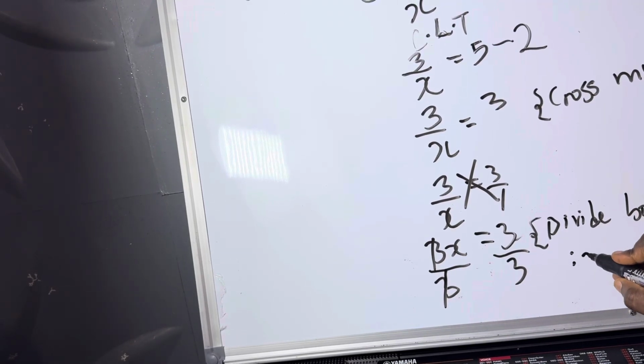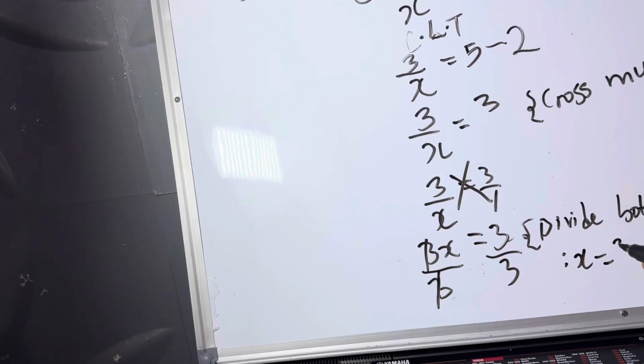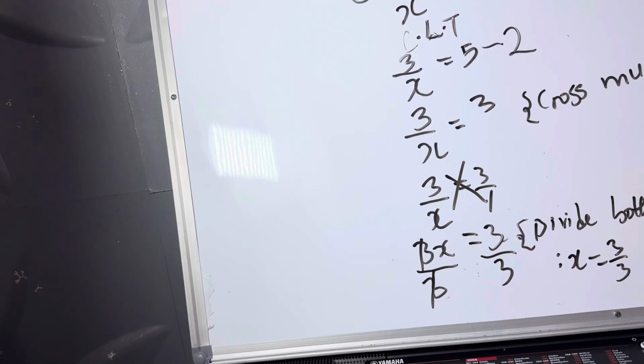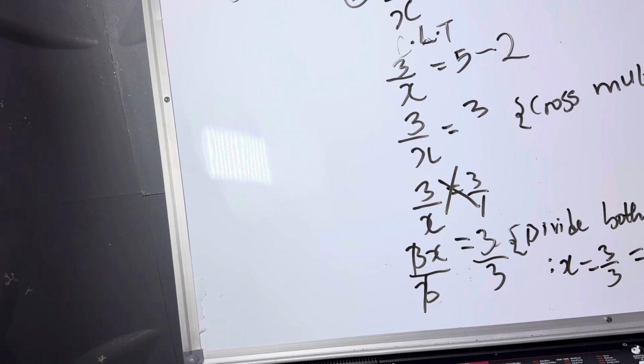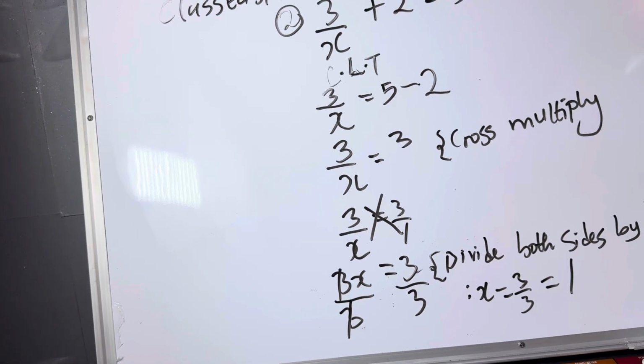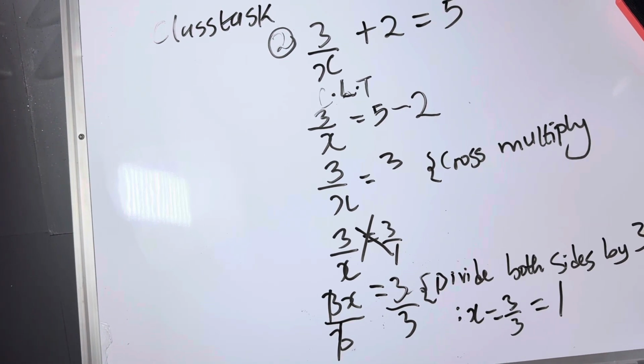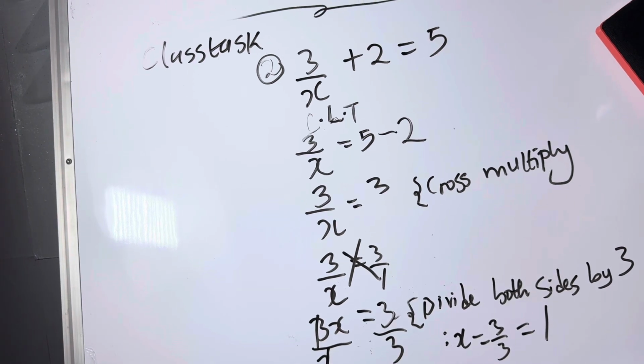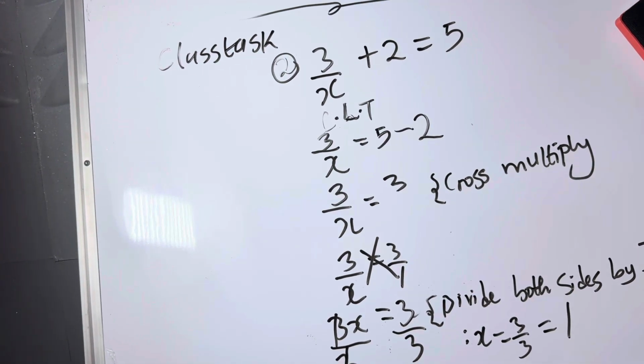So therefore x equals 3 divided by 3, which equals 1. Do you understand?